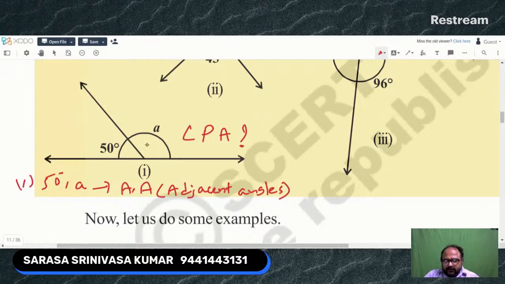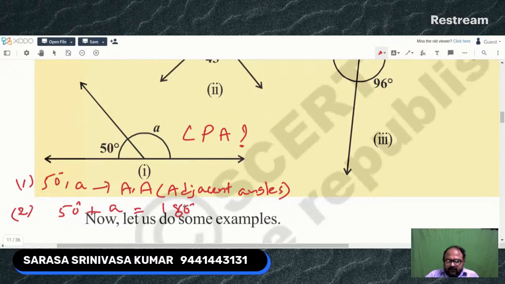And the sum of these two angles forms a straight line. That is, the sum of two angles is equal to 180 degrees. This is 50 degrees plus A equal to 180 degrees. Why?